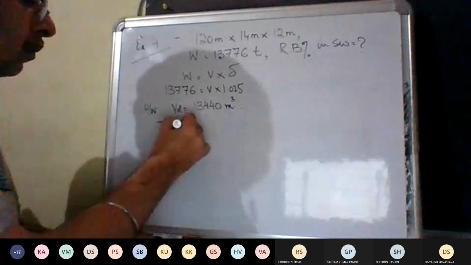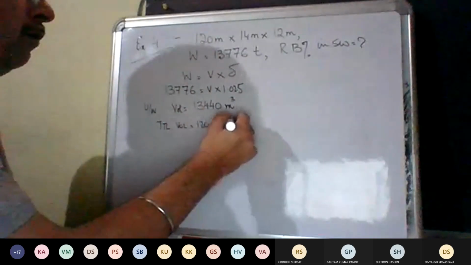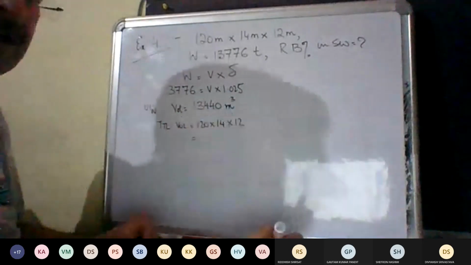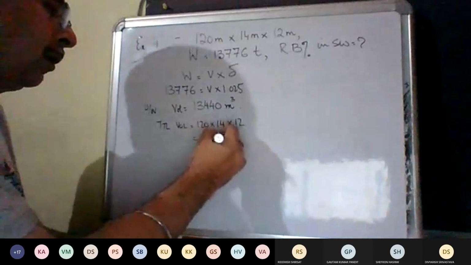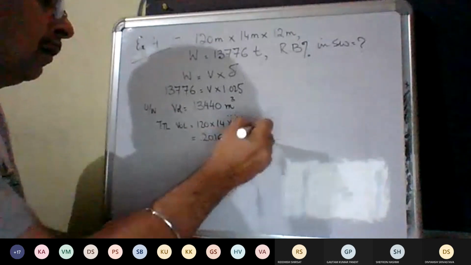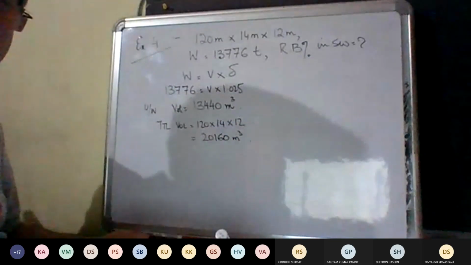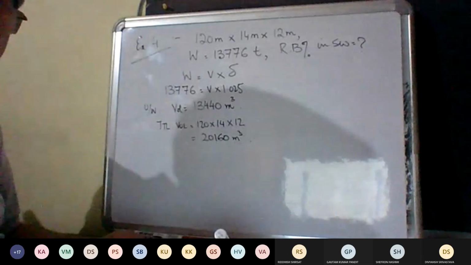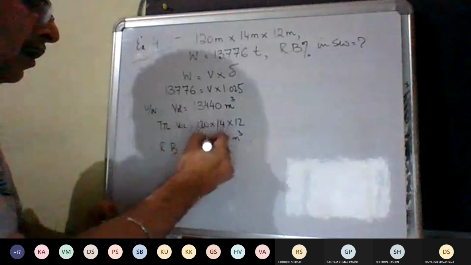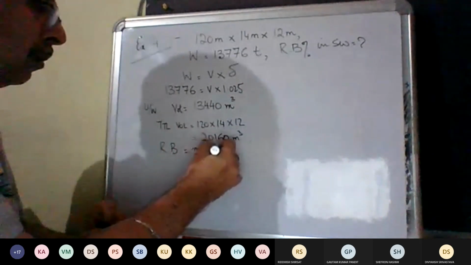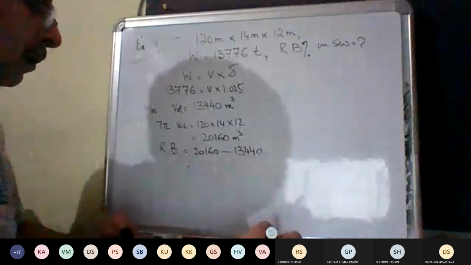My total volume is 120 into 14 into 12. So my above water volume, above the water line, that is reserve buoyancy, is total volume minus underwater volume.